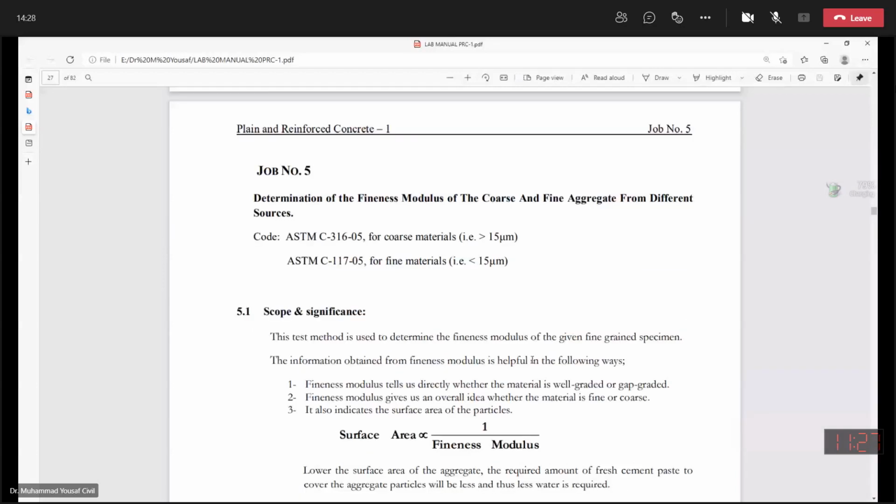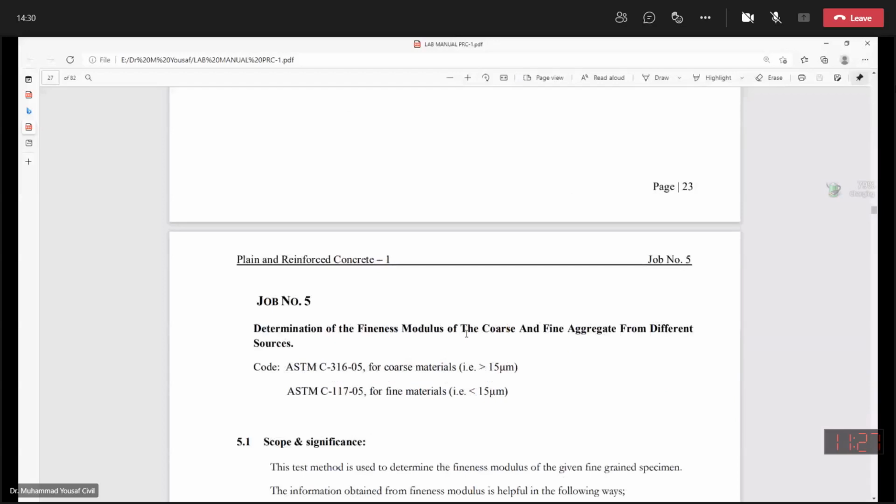So we will be performing the gradation analysis, and then we will be finding out the fineness modulus.